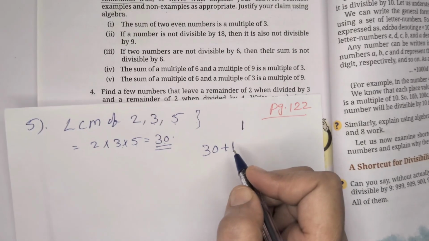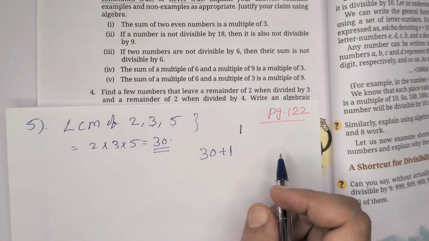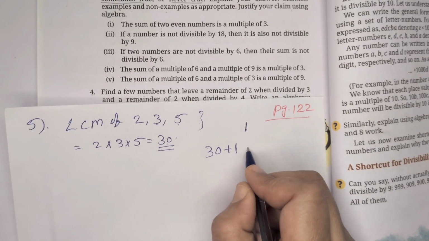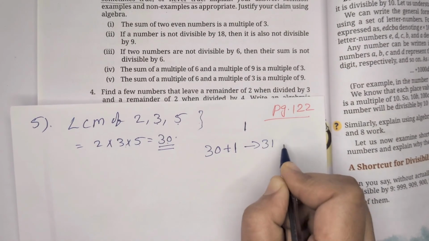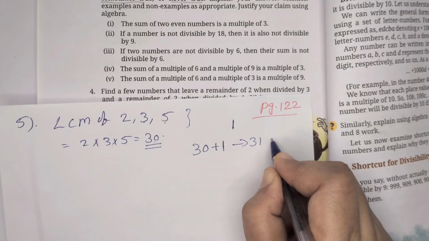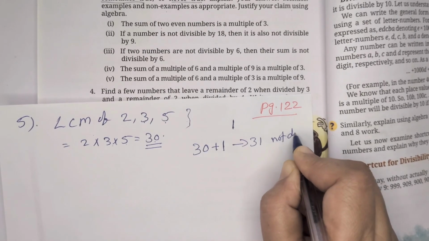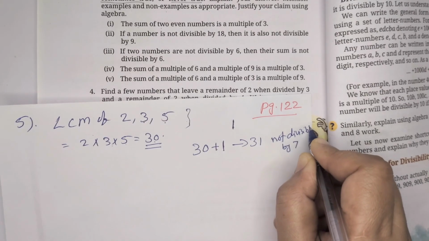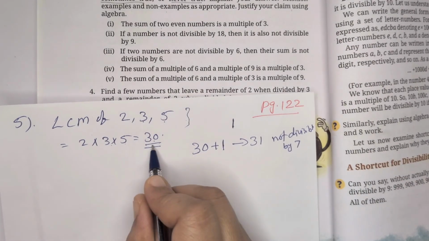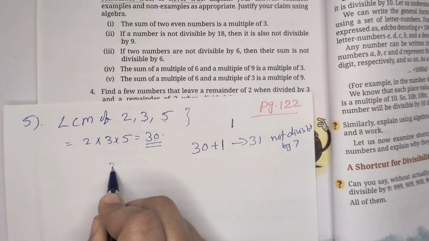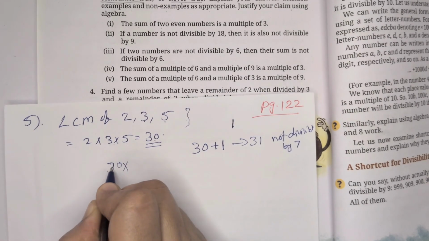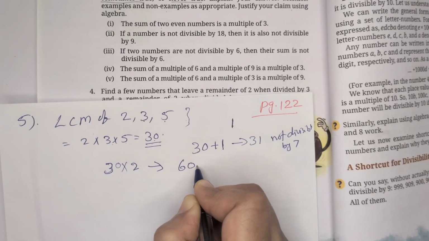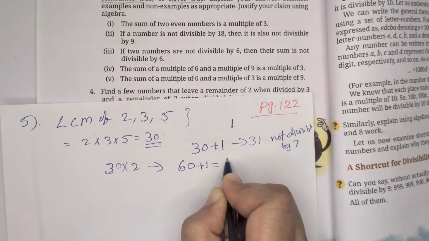Now 30 plus 1, and again the condition, the number is perfectly divisible by 7. So 30 plus 1 means 31. It is not divisible by 7. Now take the next multiple of 30, 30 into 2, that gives 60. 60 plus 1 means 61.